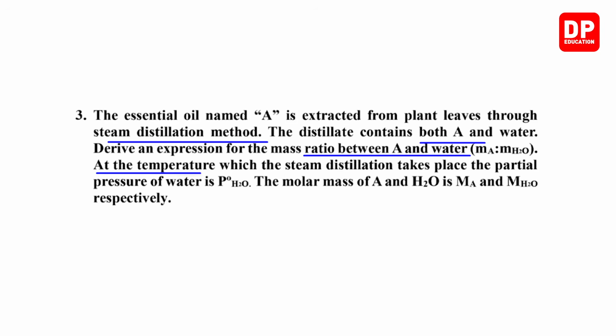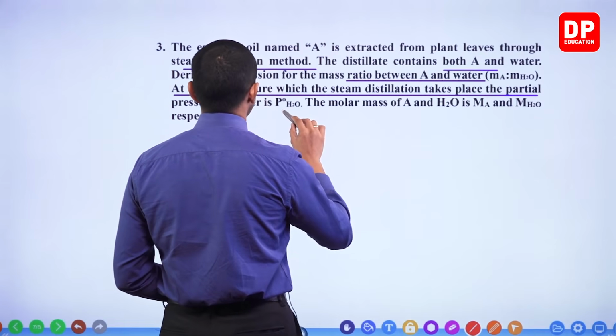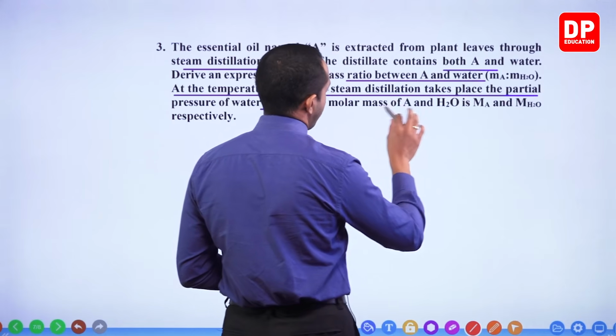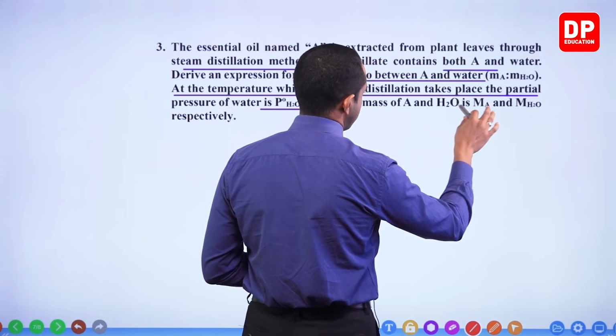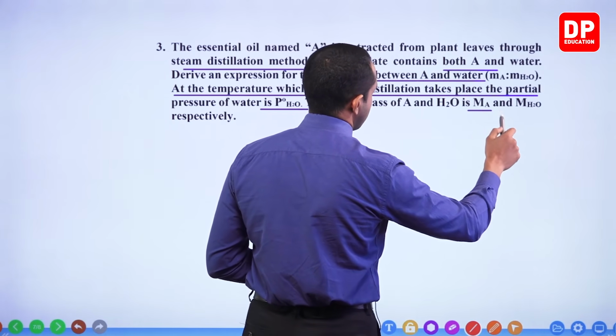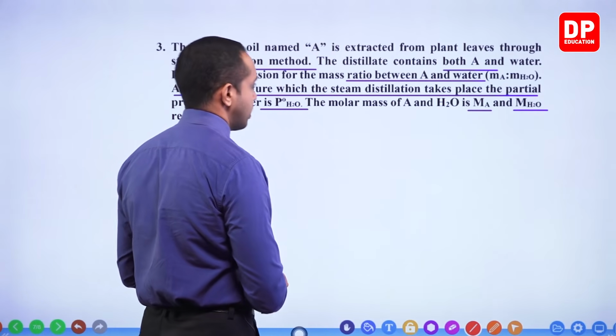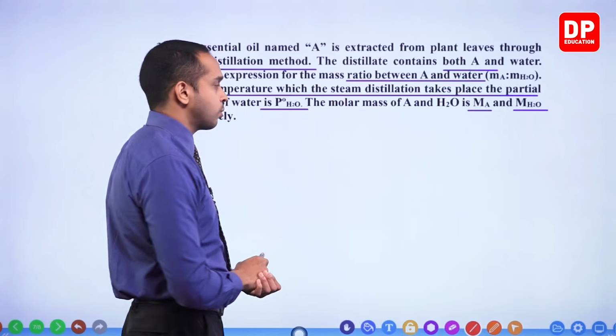At the temperature at which the steam distillation takes place, the partial pressure of water is given as P0_H2O. The molar mass of A and H2O is given as capital M_A and capital M_H2O respectively.